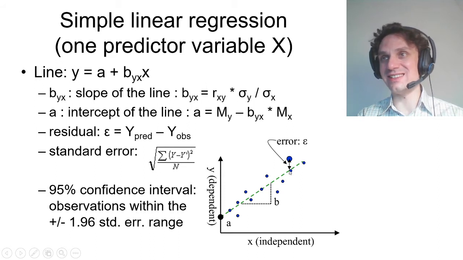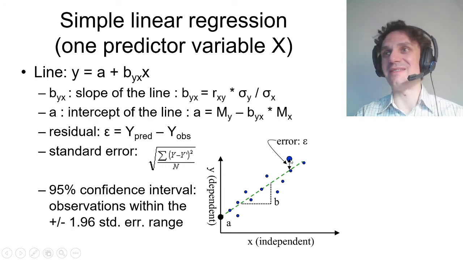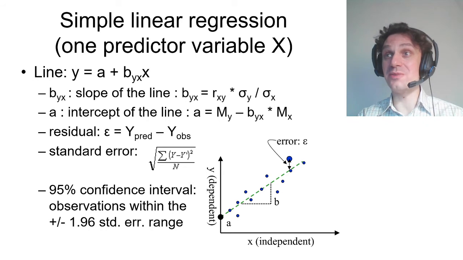So this point on this line would correspond to the predicted value of this point x. But of course, in our real data set, we have the actual value of this data point, an observed value, and this difference between the predicted value that we expect and the observed value that we actually see in our data is called error or residual.